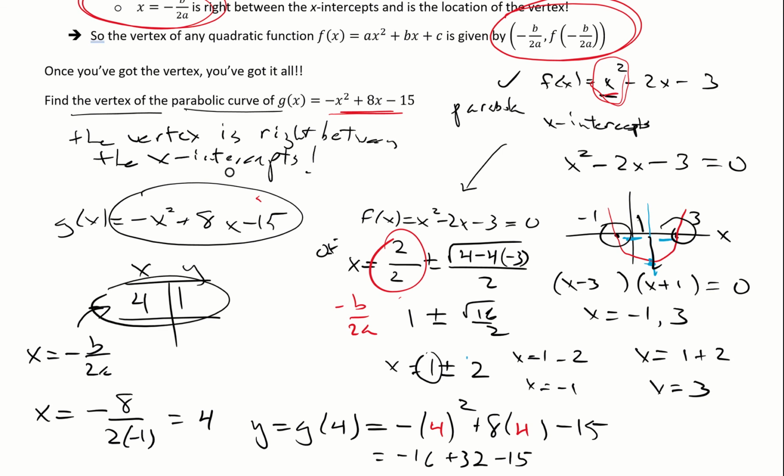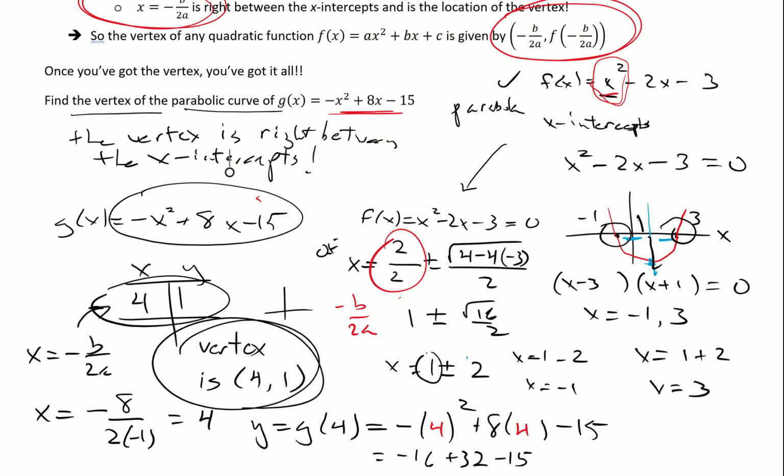So the vertex is 4, 1. And then you can commence to graphing, okay? I find that to be the fastest way to find the vertex. If I'm in a hurry on a test, I just do part of the quadratic formula to find the vertex.